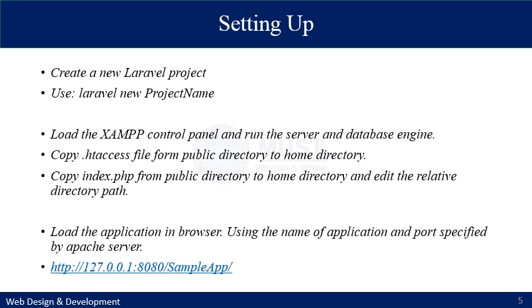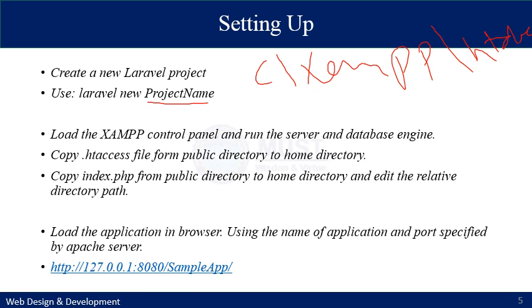You can create the new Laravel project using laravel new and specifying the project name in your command prompt, and this will create a new Laravel project in your desired location. The typical location to create a Laravel application is c/xampp, or any other server you are going to use, /htdocs.